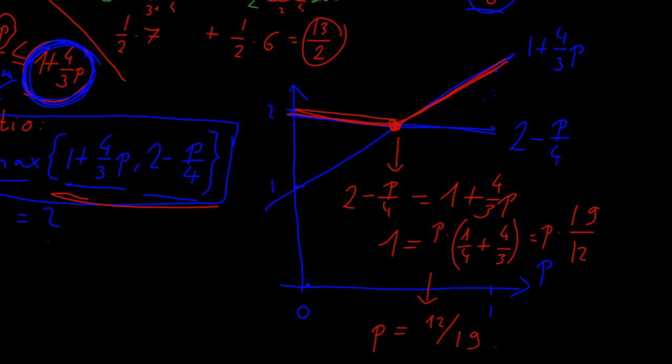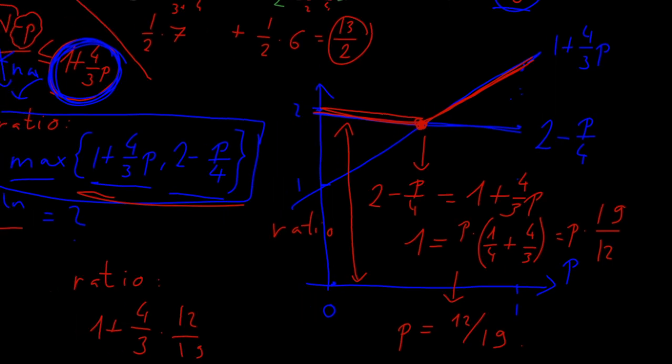In which case the competitive ratio of the algorithm becomes the optimum ratio, which is the value of 1 plus 4/3 times the optimum value of P, 12/19. That is 1 plus 16/19, which is 35/19.